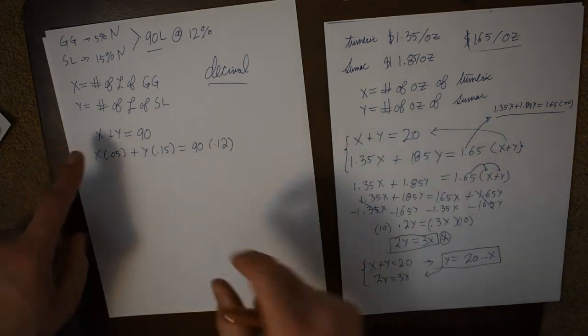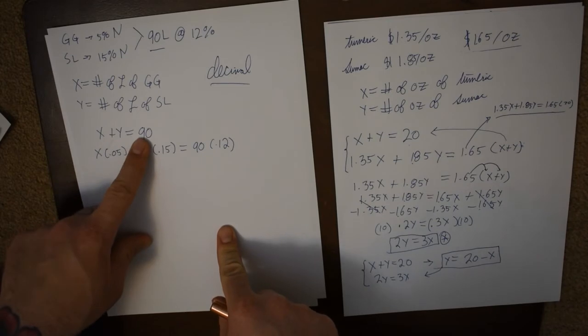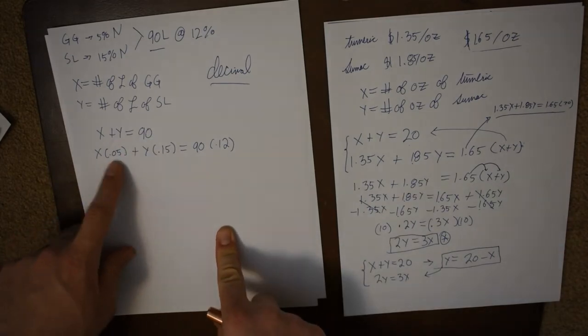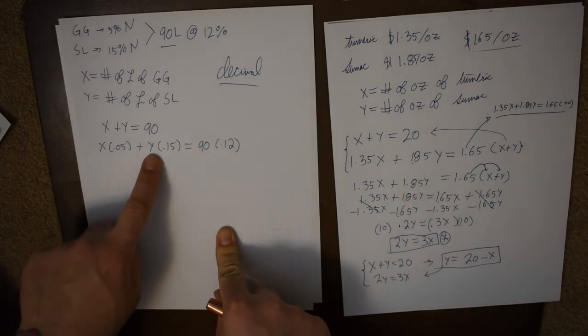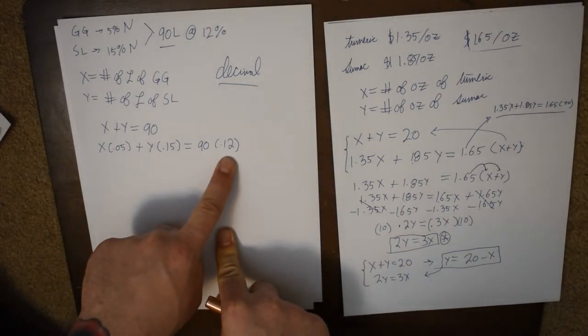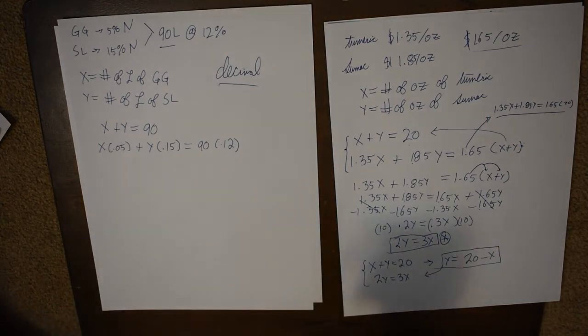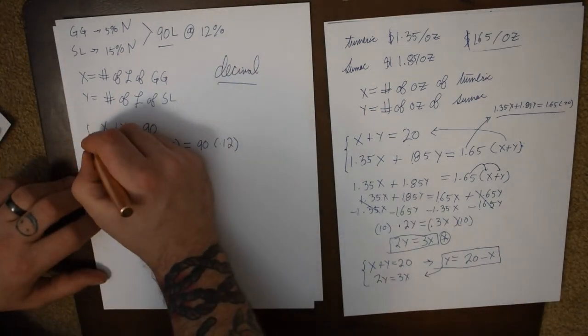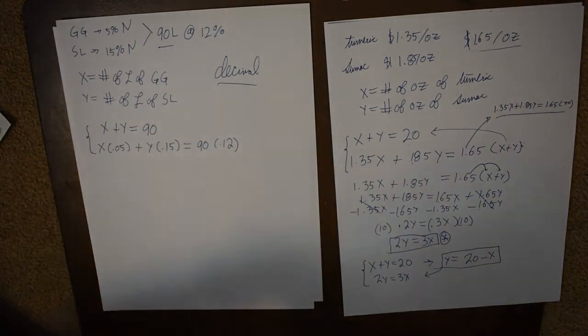So you've got volume plus volume is equal to volume, and you have volume times concentration plus volume times concentration is equal to volume times concentration. Once we're at this point, we have successfully identified our system of equations.